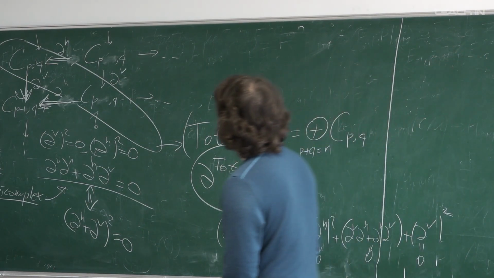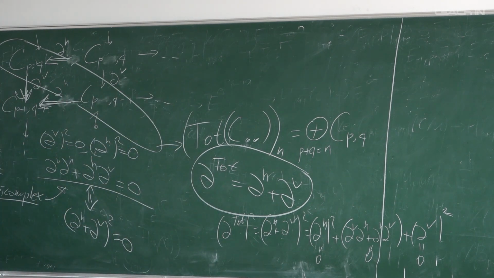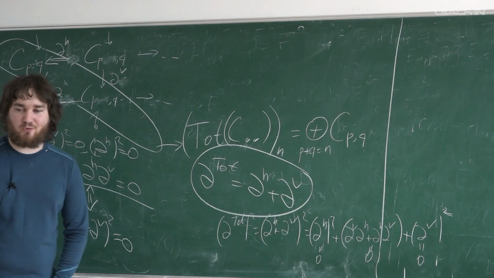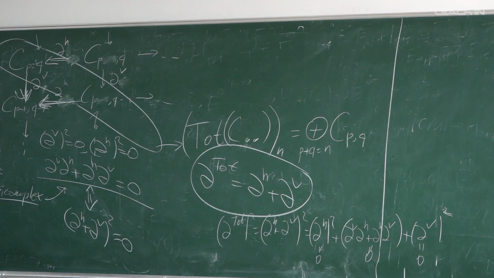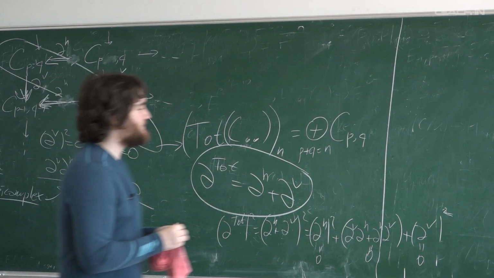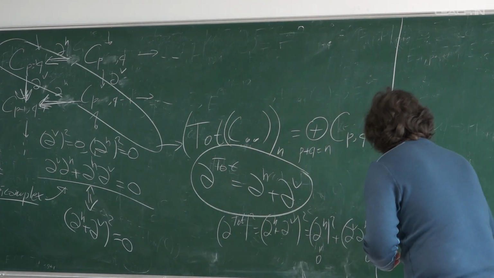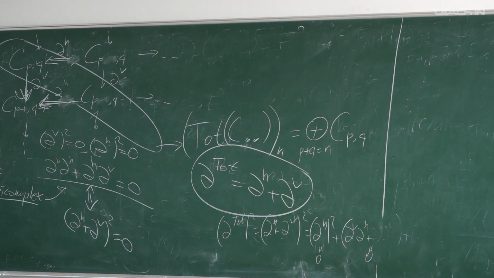And on this total complex of a bicomplex, I have two filtrations, sometimes called stupid filtrations. I don't want to say that. So two standard filtrations, horizontal and vertical.